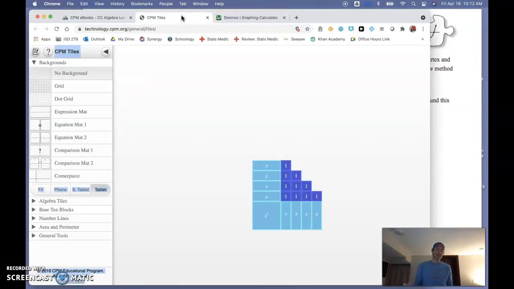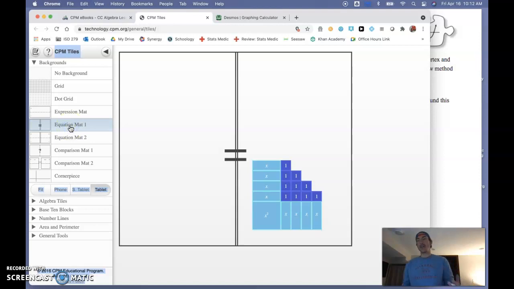So I've got this set up. I intentionally did it this way, where I have an even number of my x's down here and an even number of my x's up here. Now, what am I going to do? The first thing I'm going to do is get out an equation mat. This is something that we used a long time ago in a previous chapter, maybe chapter 2 or chapter 3, probably even a little bit in chapter 1.